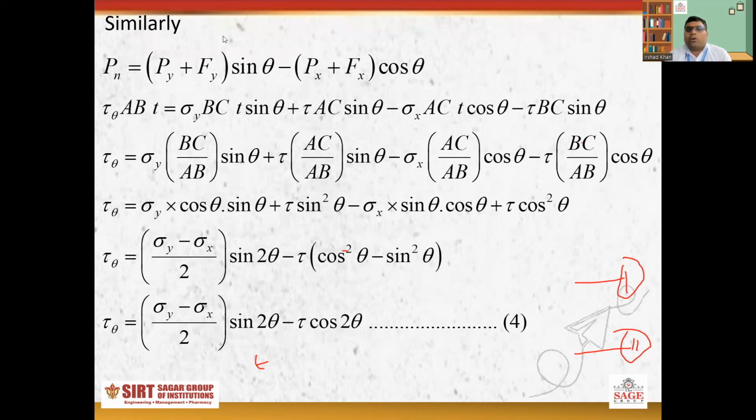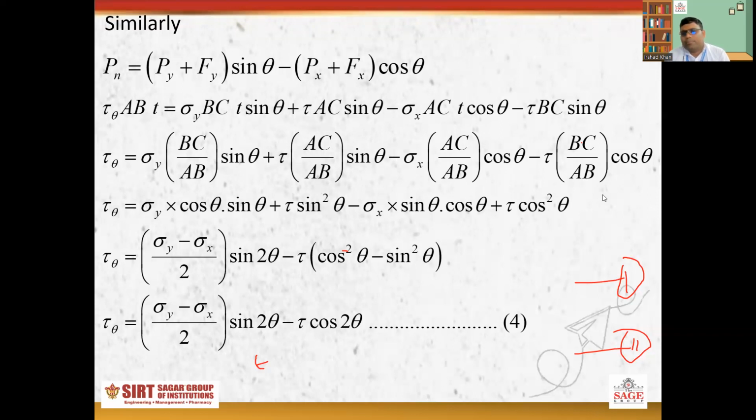Similarly, we put all the values in the second equation. That value here we put, so this can be written with t common and divide by AB. So the whole expression becomes like this. And BC is cos, AC is sine.